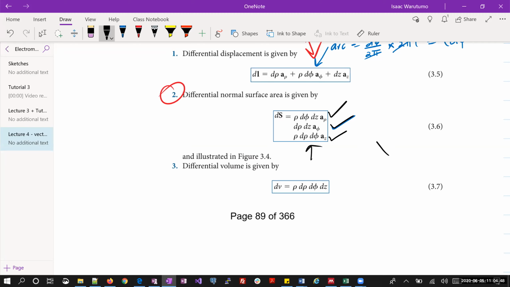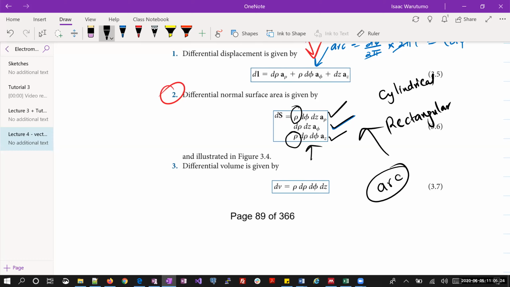All right, so I think that is clear. That is how we do the elemental volumes. Notice that the only difference between cylindrical and rectangular is that we have a new element, rho, plugged in at some point because of the length of the arc.